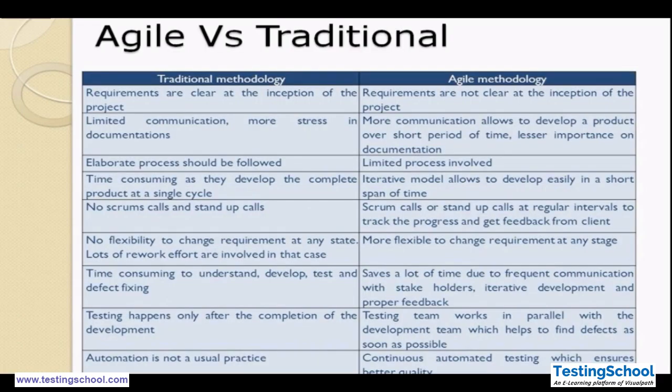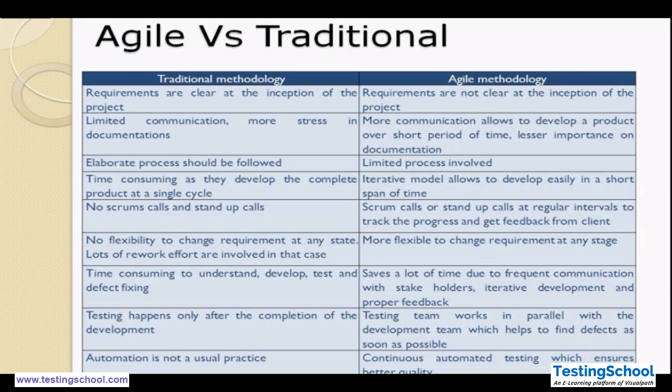And we are going to see what the differences are between our traditional model and the agile model. So let's start with the differences between these two models. In our traditional model, requirements are clear at the inception of the project. It means that when you start your project, you are aware of the requirements.